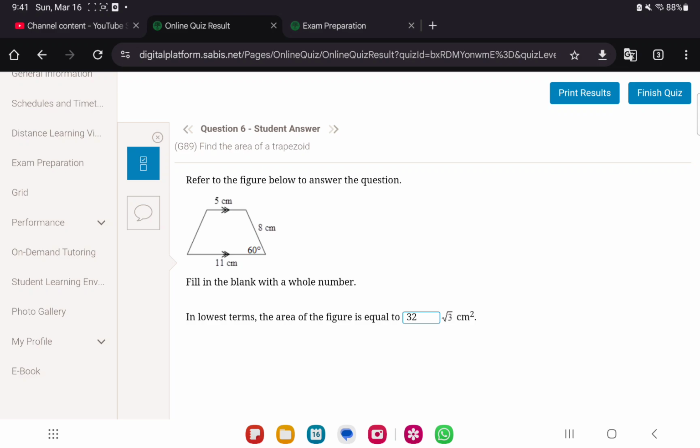Now this is also the same thing as question number 2, okay? So we use the same rule, so it's half base 1 plus base 2 times height. Okay, we also want to find the height here. I think the height is the same thing as last time, because we have 8 in the height.